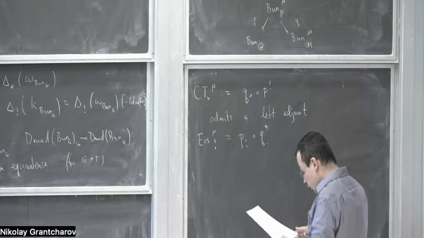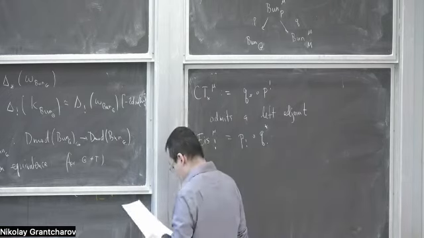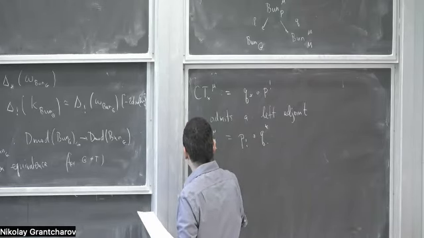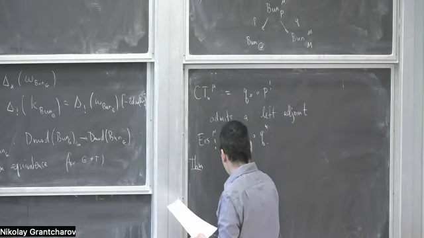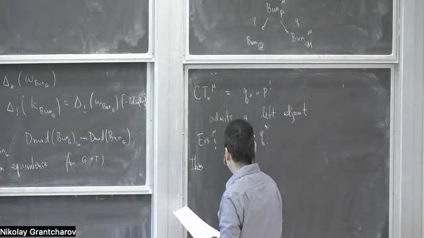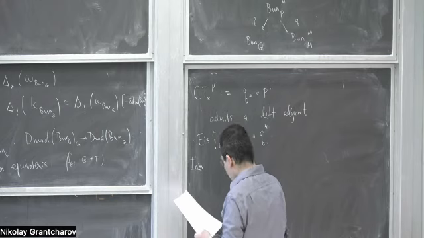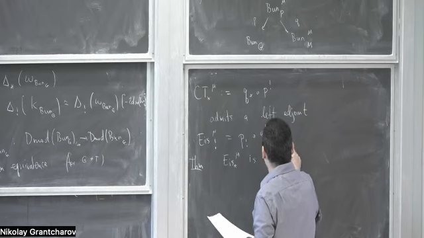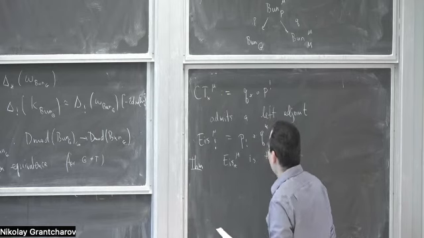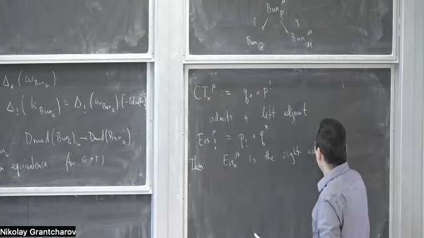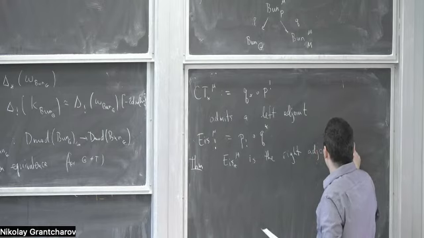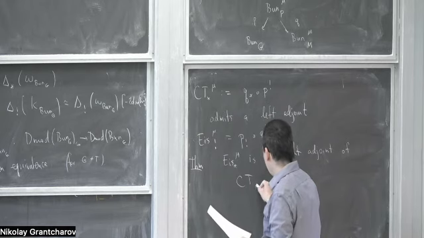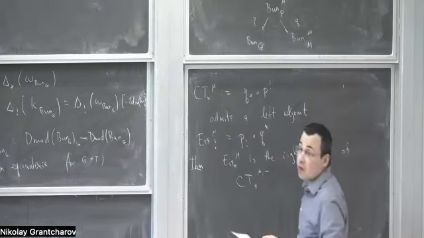Okay. So you can also sum up over all the mu's. Everything's great. Let me remind you of the theorem from last week, that Eis shriek mu is the left adjoint to the constant term functor for the opposite parabolic.